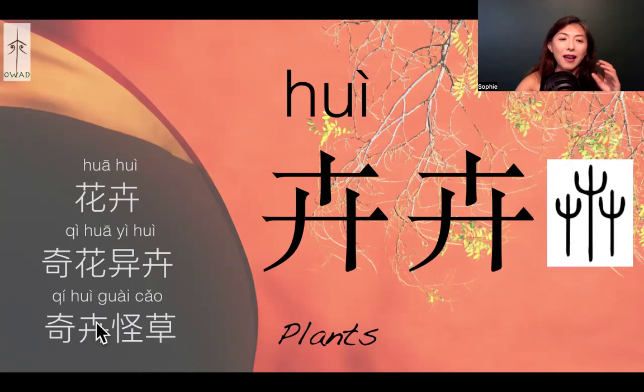Here, I want to point out this 卉 just means a variety of plants, non-woody plants. That's its original meaning. Then depends on who it pairs with. 花卉 would put it as non-woody and non-blooming plants. However, in this expression, 奇卉怪草, when it pairs with grass itself, this becomes blooming type of plants.